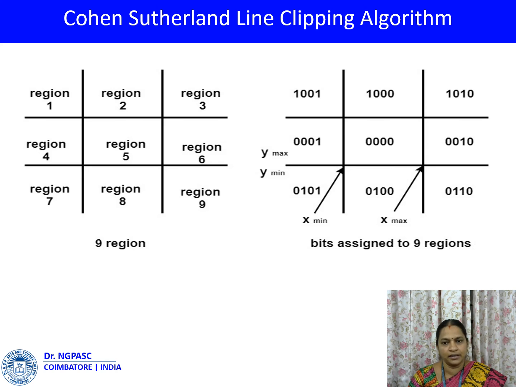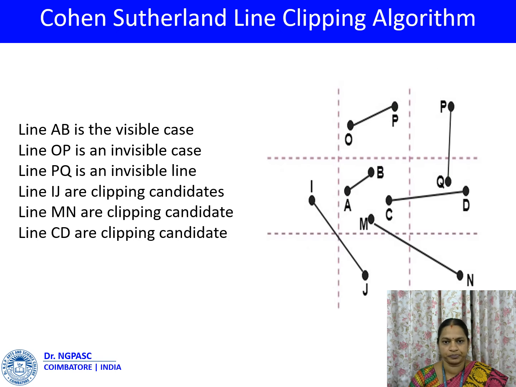And 1000 represents the top of the window. Like that, we can determine whether a particular endpoint lies within the window or falls under any of the other eight regions. According to that, the endpoints can be saved or clipped.